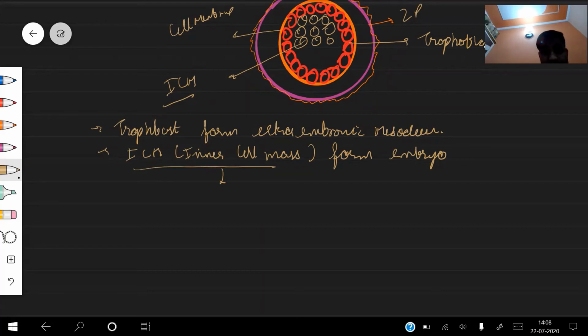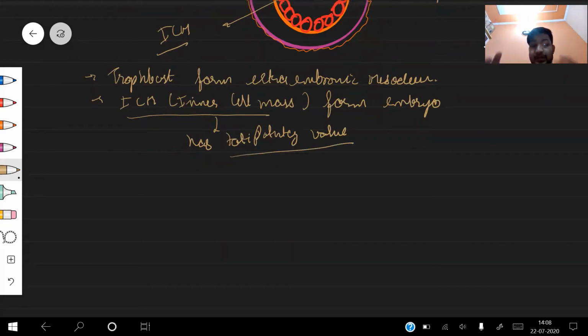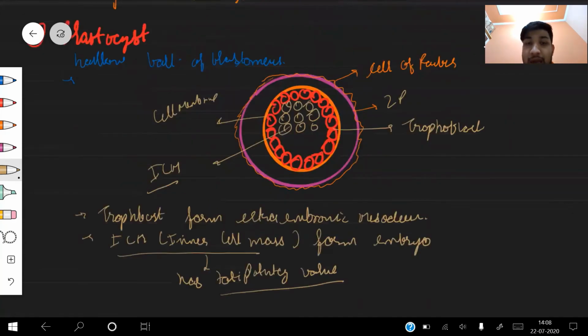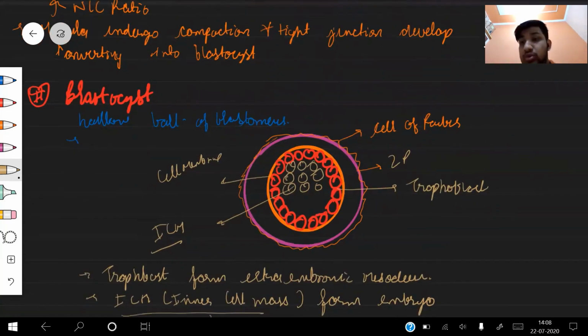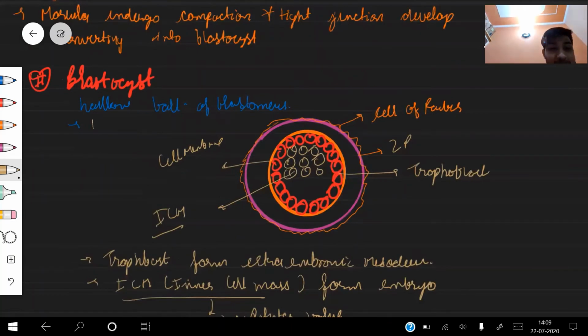Inner cell mass has the totipotency value, that this cell divides and can be converted into any cells of the body. So the blastocyst is the 32 to 64 or 16 to 32 cell stage.